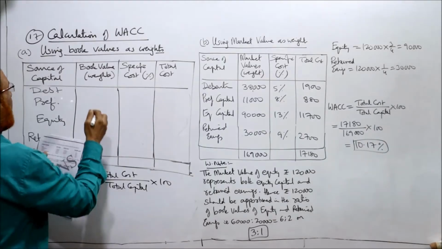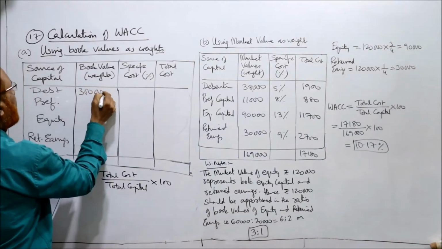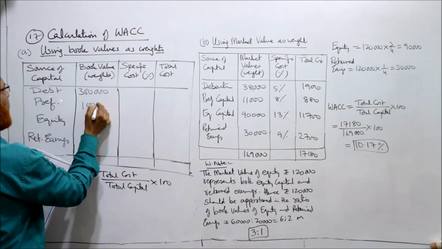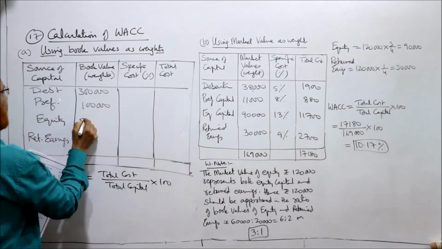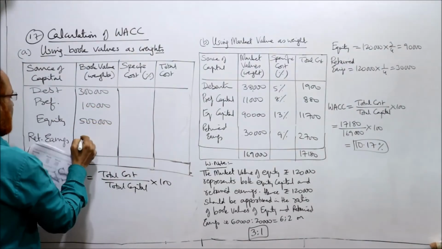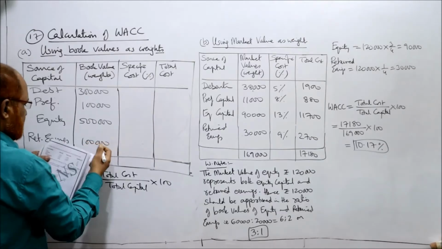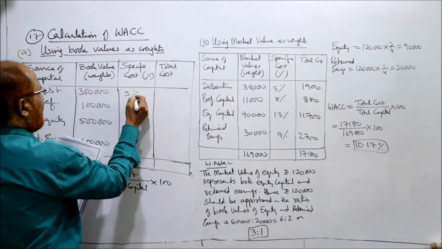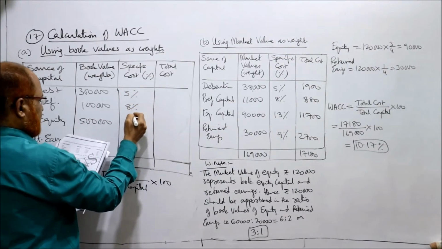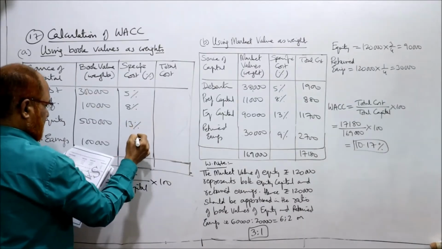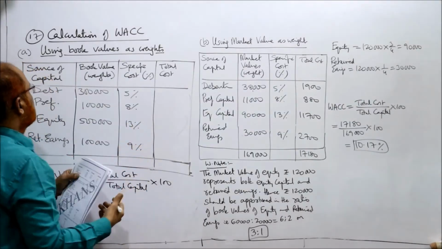So book values are 3 lakhs, 1 lakh, then 5 lakh, next one 1 lakh. Specific costs are 5%, 8%, 13%, 9%.